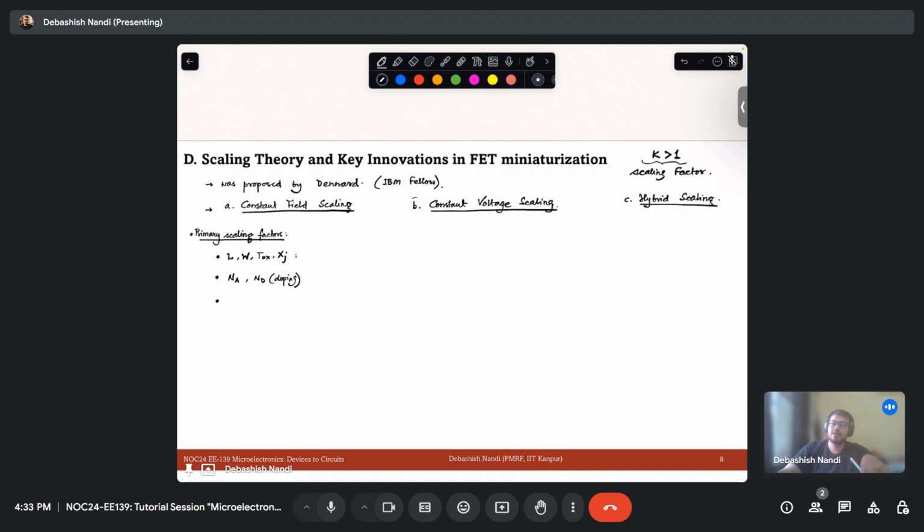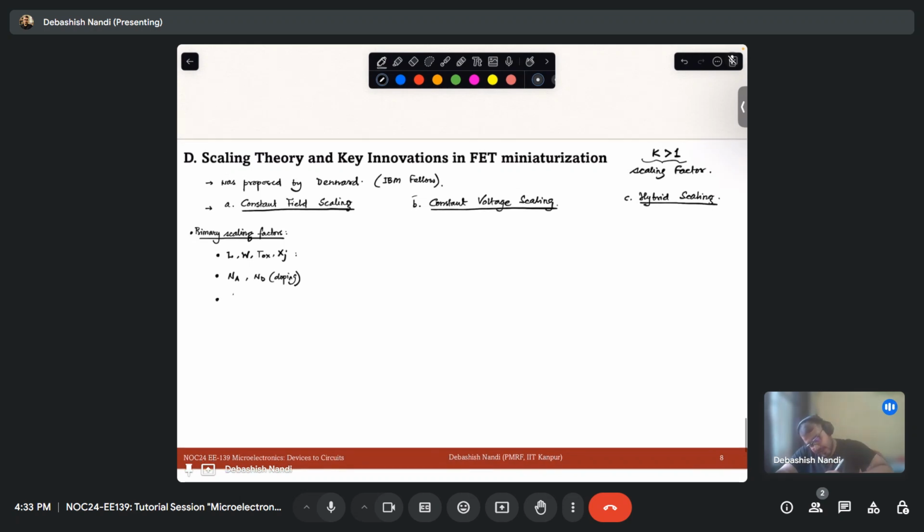Then what? Then we have supply voltage, VDD. Then we'll see other derived parameters.